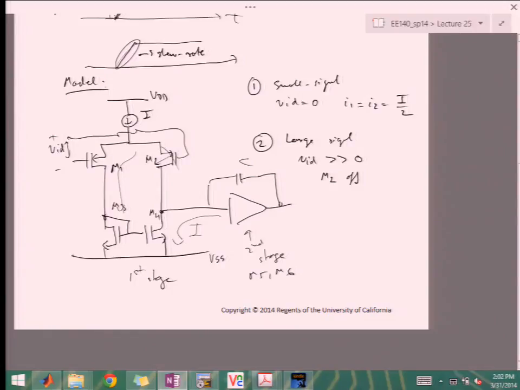You've already shifted all the current to flow this way, and that current is capital I. It cuts out the input from the output. So your dVO over dt is just I over C.